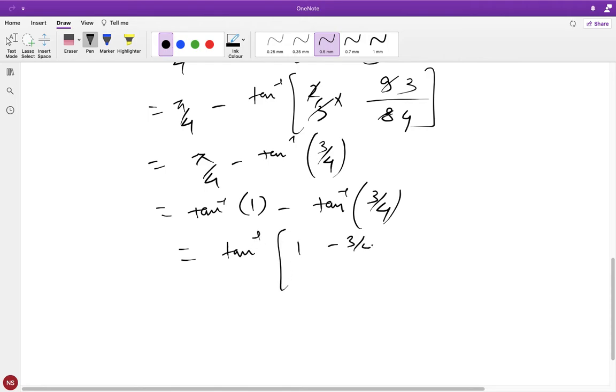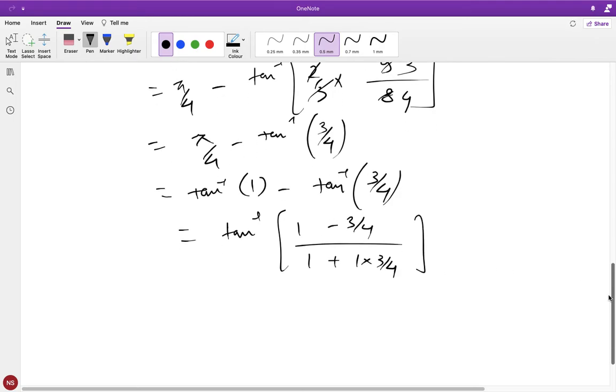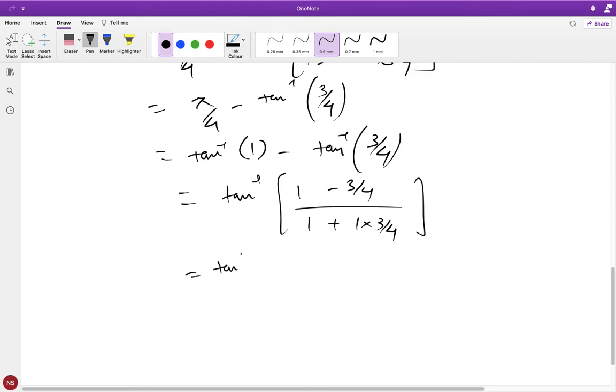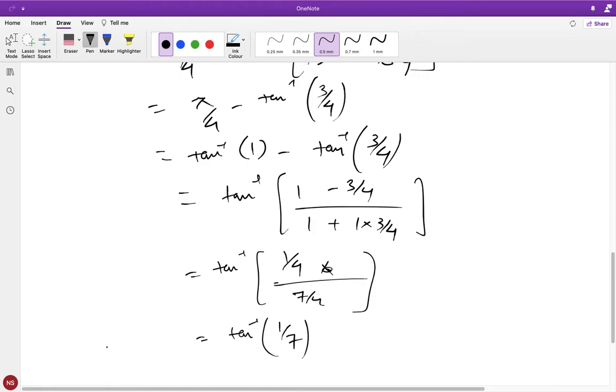So 1 minus 3 by 4 over 1 plus 1 into 3 by 4. 1 by 4 divided by 7 by 4 is tangent inverse of 1 by 7, which is secant inverse of x.